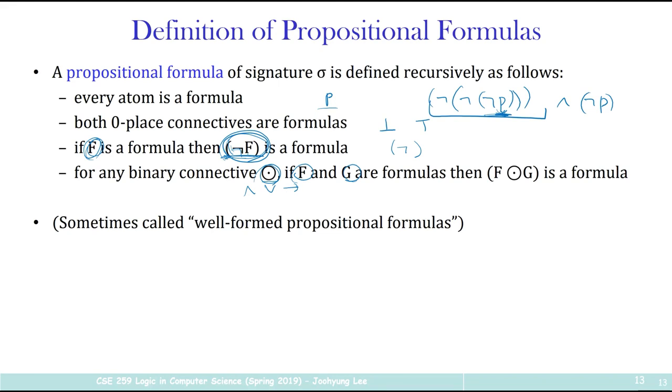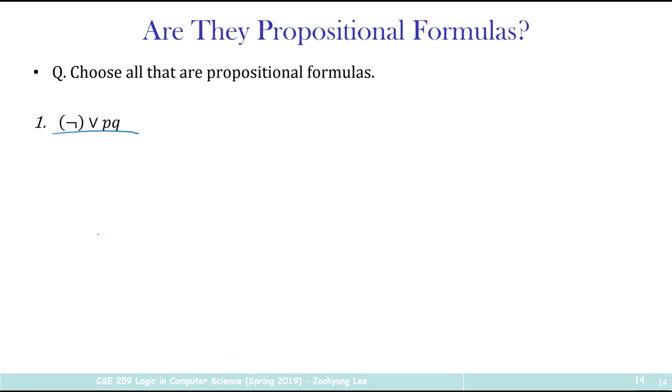Or it could start with an open parenthesis followed by something and then a binary connective. Now if you look at this one, it doesn't match the patterns of the first 2, because the first 2 cases, atom or zero-place connectives, do not have parentheses. So it could be either the 3rd case or the 4th case.